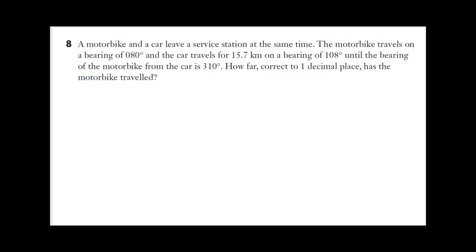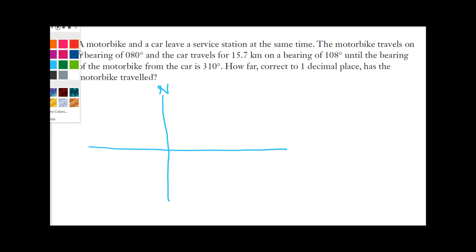The next bit of information is that the motorbike is on a bearing of 310 from the car, so we've got to be real careful here. I'm just going to change my pen so I can draw up our north, south, east, west grid. I'll go back to my red pen.